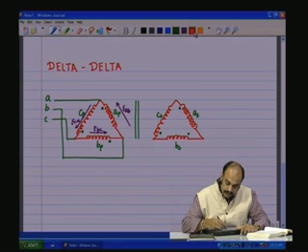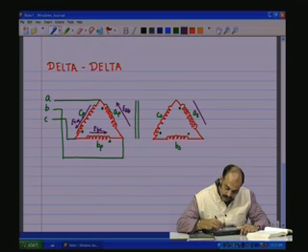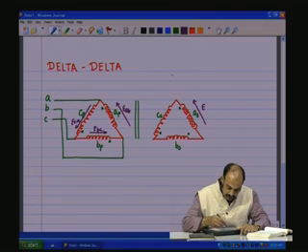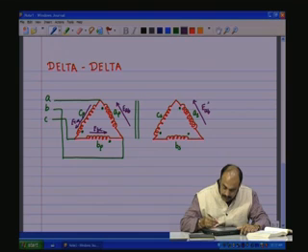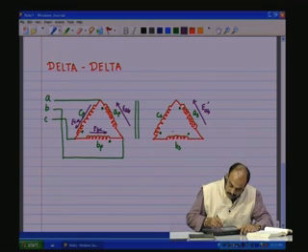So, the voltage across coil AS we will call EAB prime for the secondary, so it has a prime attached.